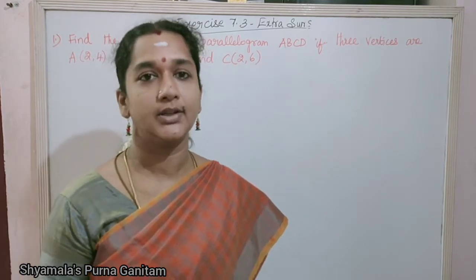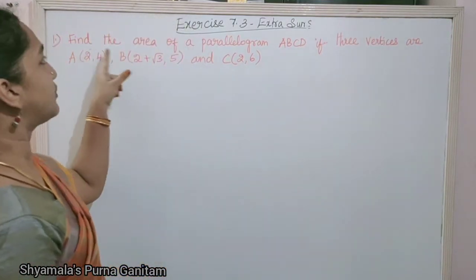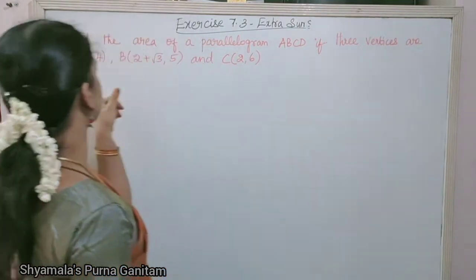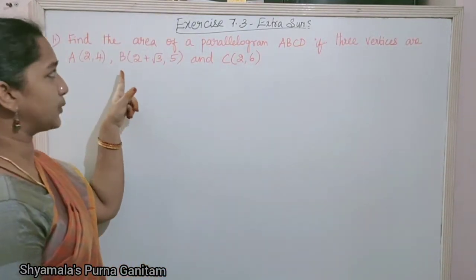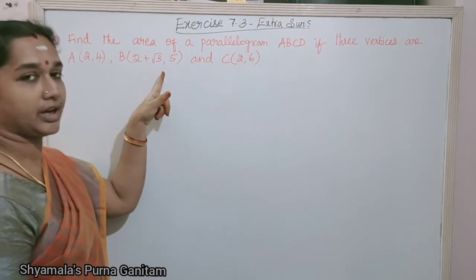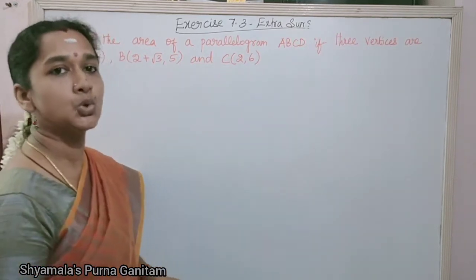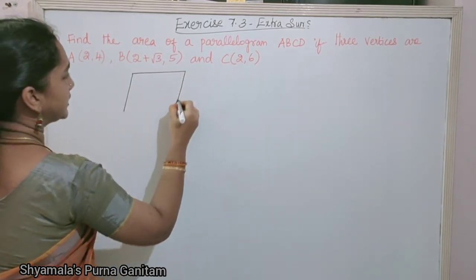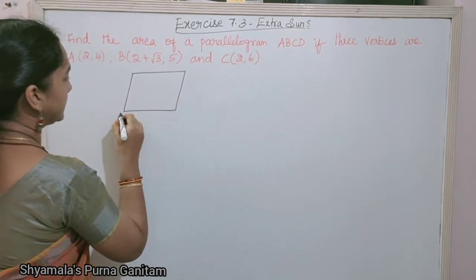First sum is: find the area of a parallelogram ABCD if three vertices are A (2, 4), B (2 plus root 3, 5) and C (2, 6). Whatever is given in the question, I will do it in the figure.